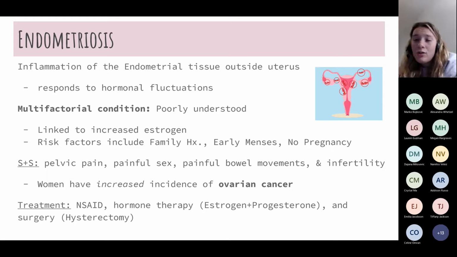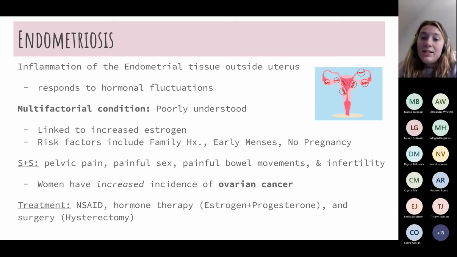But a good thing to keep in mind is that the endometrium usually responds to some hormonal fluctuations. This is why a lot of our thoughts to what's causing this is some issues with estrogen. So family history, early menses, no pregnancy, all of which involve this link of estrogen. We don't know the exact cause of it, but we do know there's a pretty big link between estrogen levels.